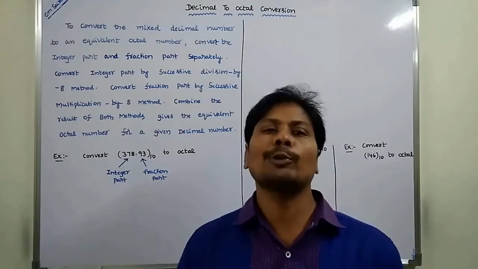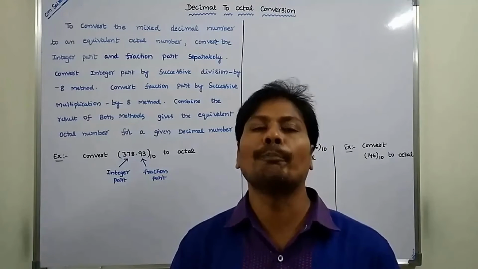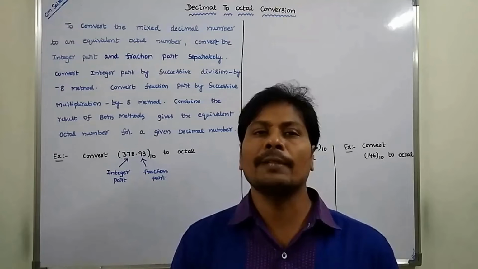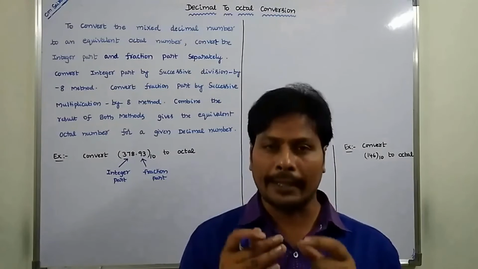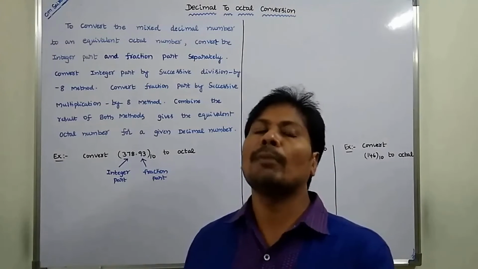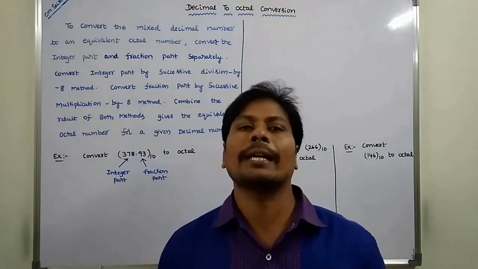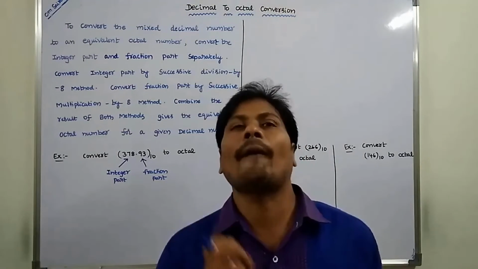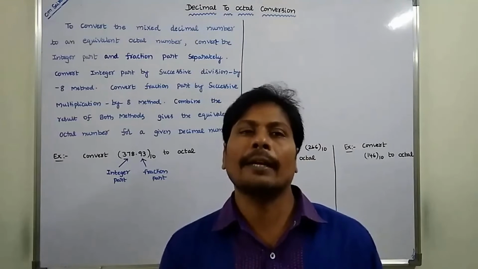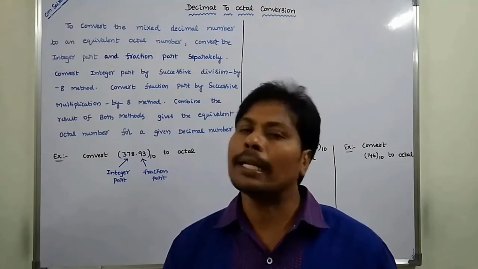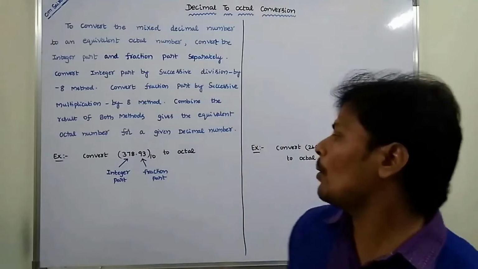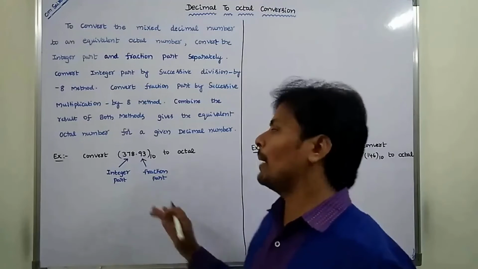Then we have to combine the results of both, the successive division by 8 method for the integer part and the successive multiplication by 8 method for the fraction part, and then we are getting the equivalent octal number for the given decimal number.